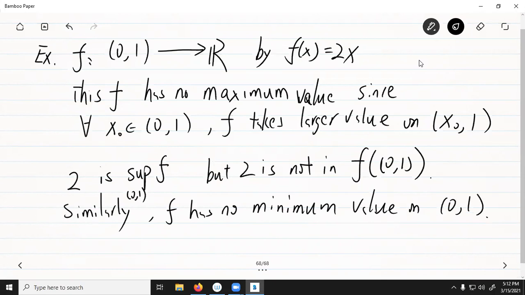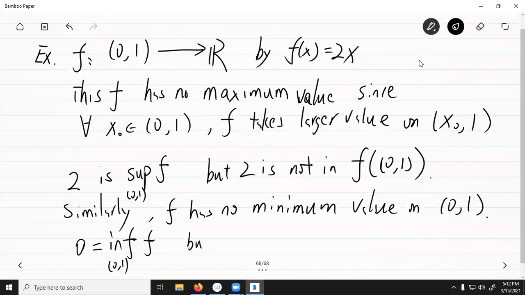But we know 0 should be the infimum of f, right? 0 is equal to the infimum of f on the interval from 0 to 1.